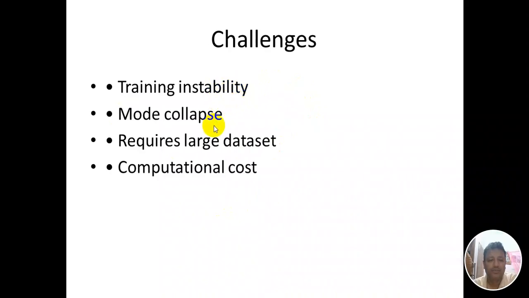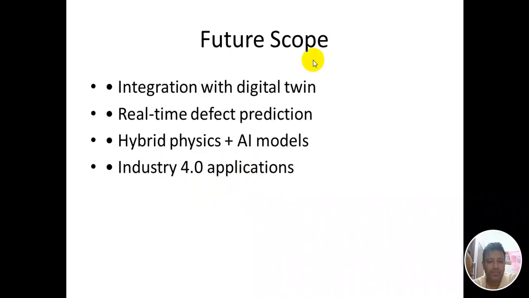Mode collapse is another issue. GANs require large datasets for machine learning, and it is very hard to get real data if you do not have it. Computational cost may also be high because you need special hardware or processors.